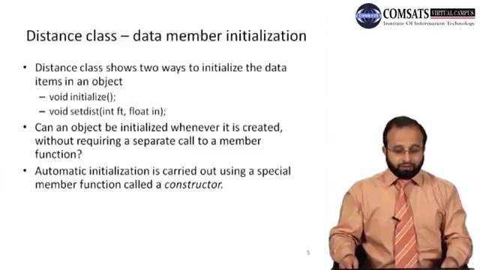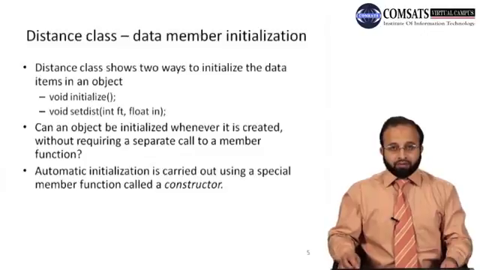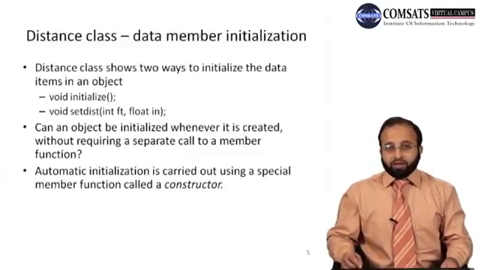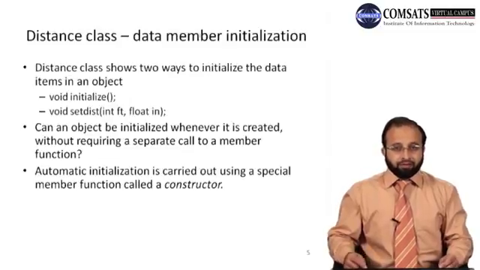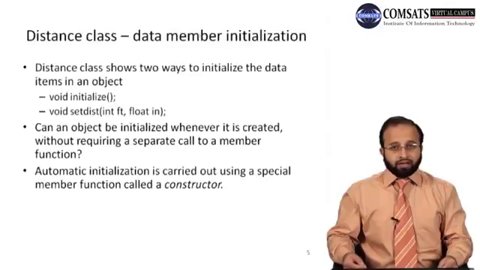You just create an object, for example distance d1 semicolon. Now in the back end, when the object is created, which means memory is allocated for that object, right? Behind the scenes, the constructor will be called. The constructor is a special function that is called automatically whenever an object of that class is created.